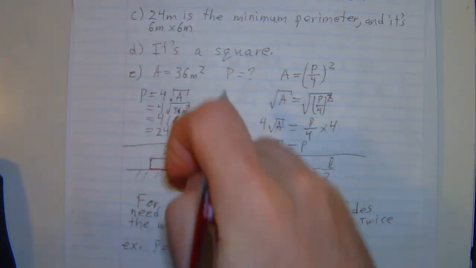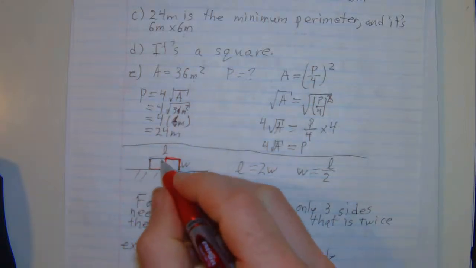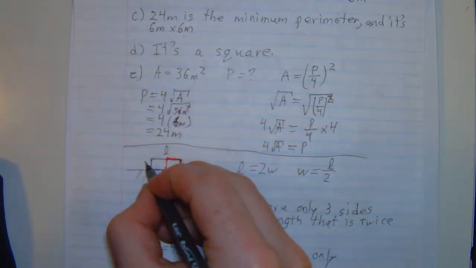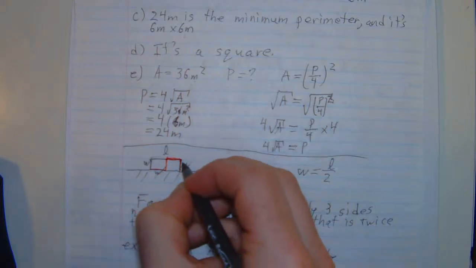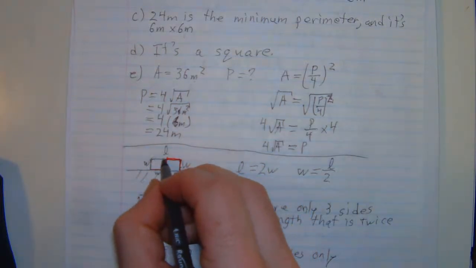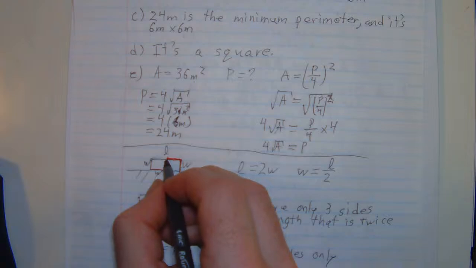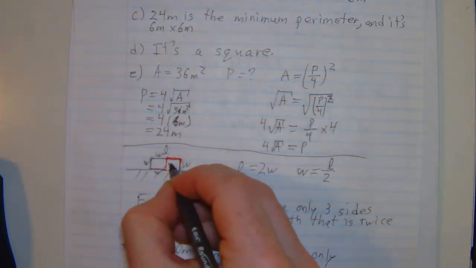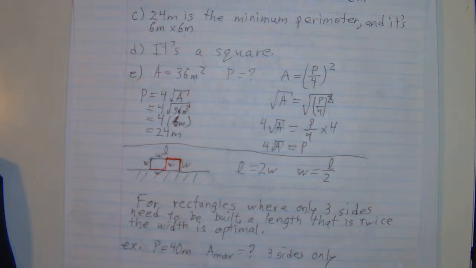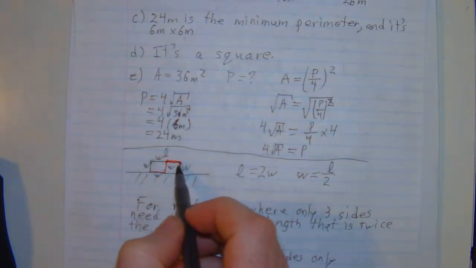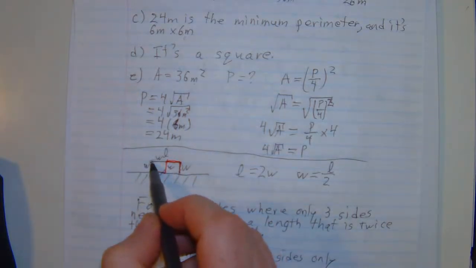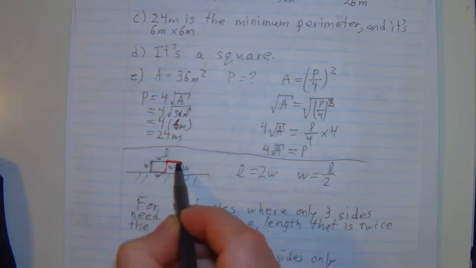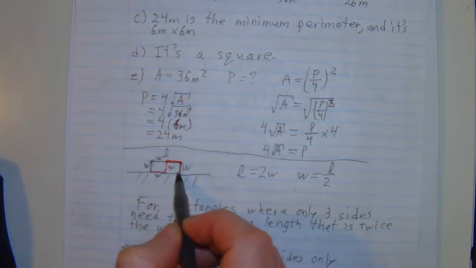So you basically move it in there. Once you do that, this is the width, because it's that piece moved in. This is half of the length, but the length is twice the width, so half the length is the width. And this is also the width. So you can think of this shape as the width on both ends, another width here, and a fourth width here, joining it to make the length.